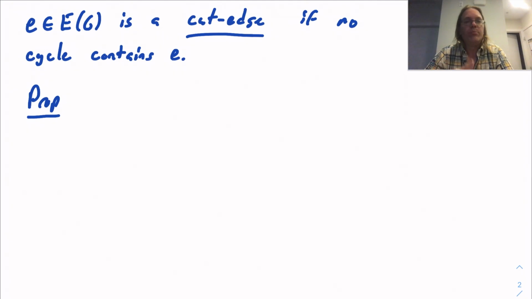We're going to prove this in the setting of components. We already understand how the components of the graph work. Anytime you're given a graph, there's always a partition of the vertex set into connected components. If you have any two vertices in the same connected component, then there's a walk from one to the other.